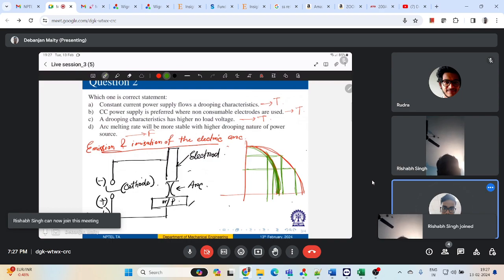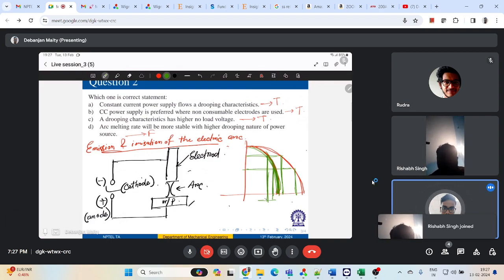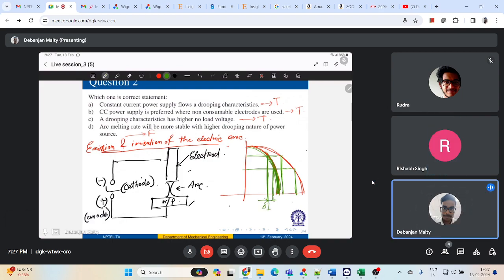If this is delta I1 over here, and this is delta I2 over here, delta I1 is less than delta I2. So you need less change in your current, which will provide you more stable arc. Okay.